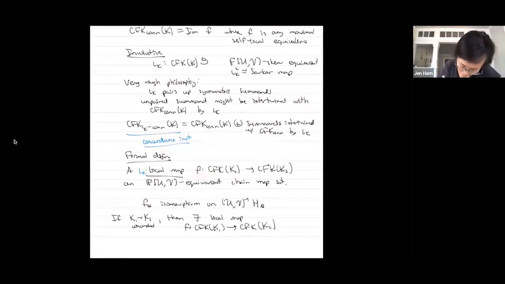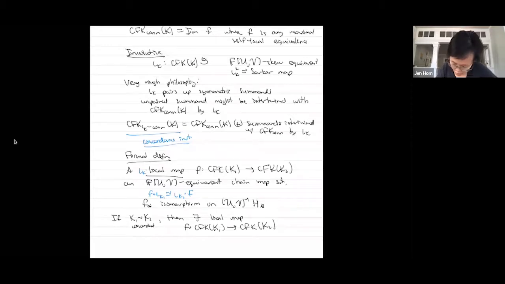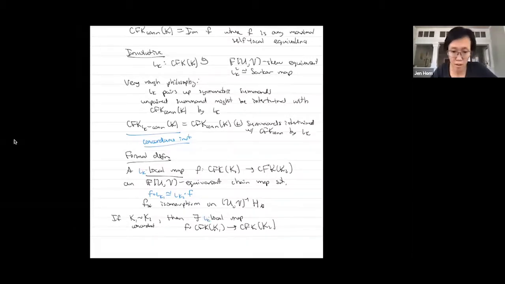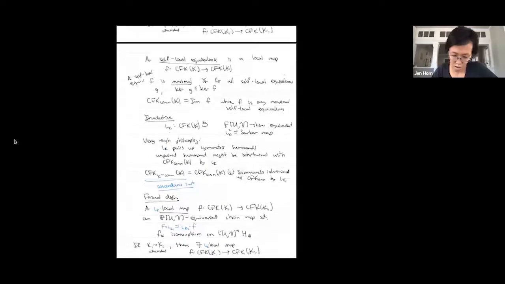So we'll add in that F commutes with iota K up to homotopy. And if two knots are concordant, then there exists an iota K local map between their knot Floer complexes.